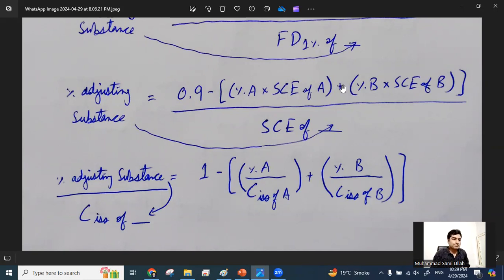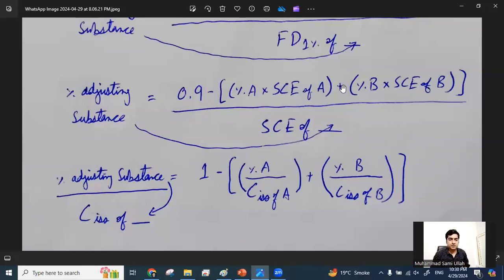Now minus is same. This bracket is going to be the same. And this internal bracket is going to be a little different, where we were multiplying it, now we are dividing it. Percentage of A divided by CISO of A. Here we were multiplying it, now we are dividing it. Again plus same and then other bracket.